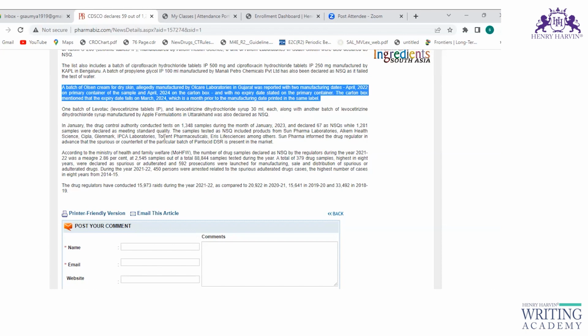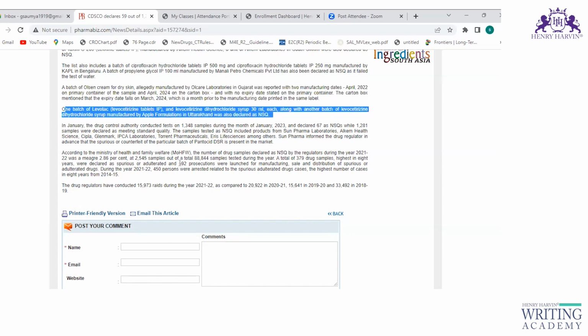The carton box mentioned the expiry date of March 2024, which is a month prior to the manufacturing date printed on the same label. Okay, 1 batch of Levotech, which is levocetirizine tablets IP and levocetirizine dihydrochloride syrup 30 ml each, along with another batch of levocetirizine dihydrochloride syrup manufactured by Apple Formulations in Uttarakhand, was also declared as NSQ.